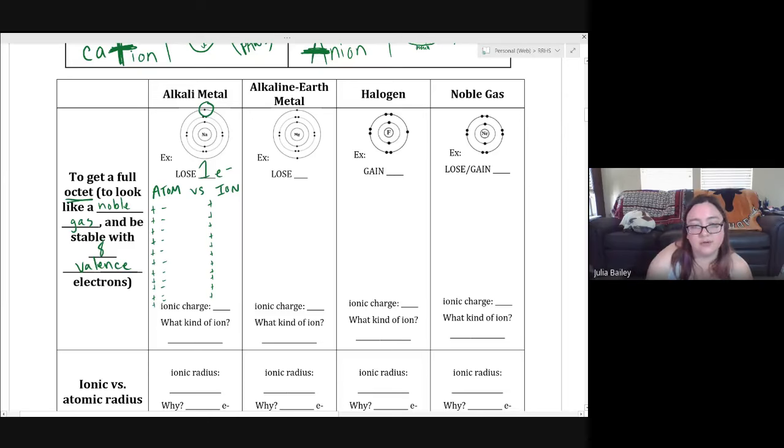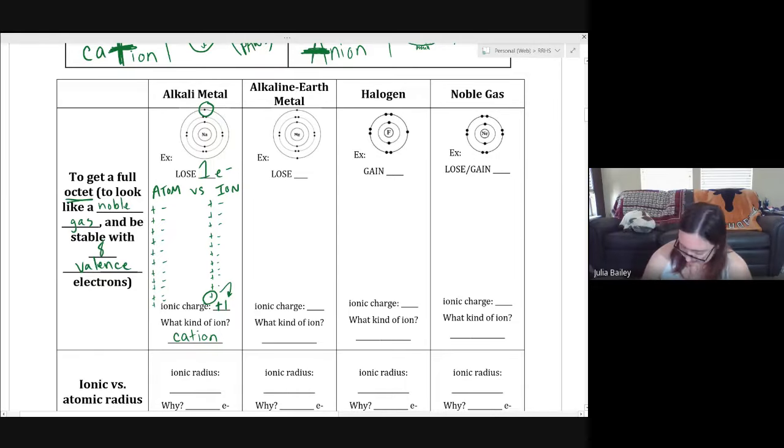So it's still got 11 protons, but it loses 1 electron. And that means that there's a leftover plus that's not being balanced out by a minus. So that leftover plus gives it a +1 ionic charge. And if it has a +1 charge, then that tells you it is a cation, because cations are positive.